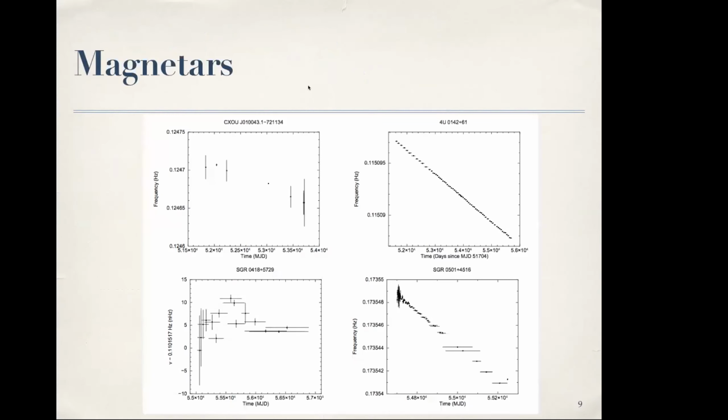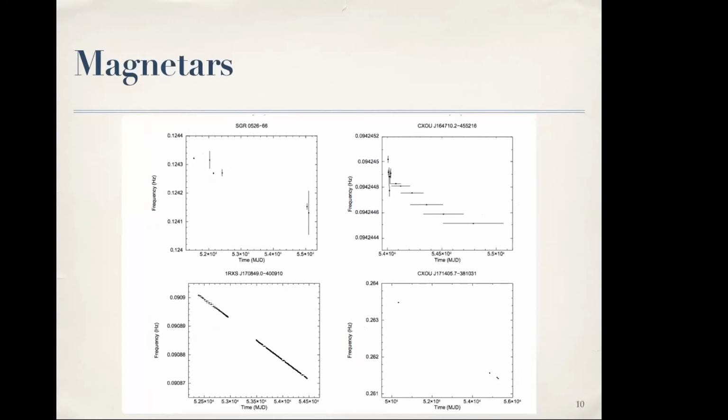The following slides show the frequency histories of each individual source. As can be seen from here, the ones that have horizontal error bars are reconstructed using the timing solutions found in the literature, while the figures like this one, which do not have horizontal error bars, are composed of frequencies found in the literature.